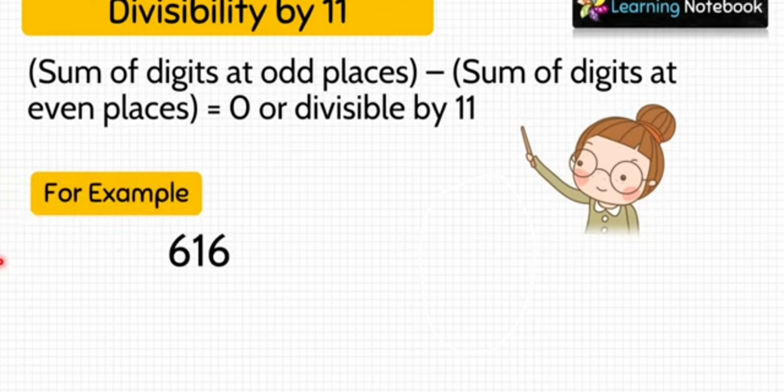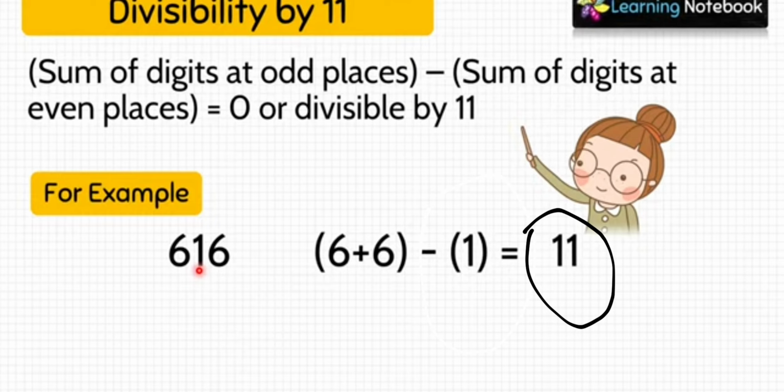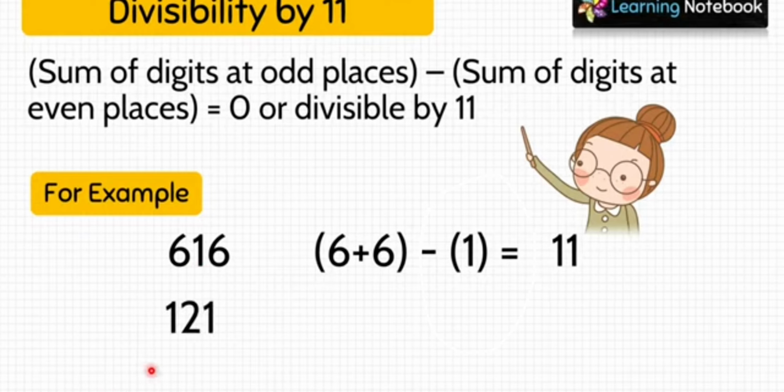616. Here, the digits at odd places are 6 and 6, and the digit at even places is 1. So, 6 plus 6 minus 1 equals 11, which is divisible by 11. So, 616 is divisible by 11. Next, 121.